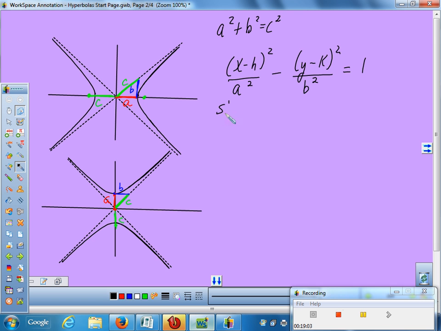In this case, how would I figure out the slope of those dotted lines? How does one find slope? What's the definition of slope from the very beginning of Algebra 1? Rise over run. Okay, looking here at our picture, you have a rise and a run in this picture.